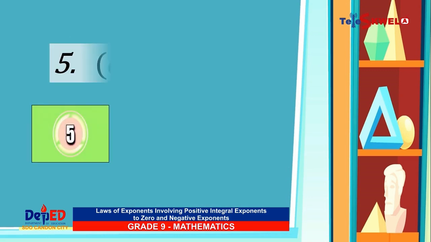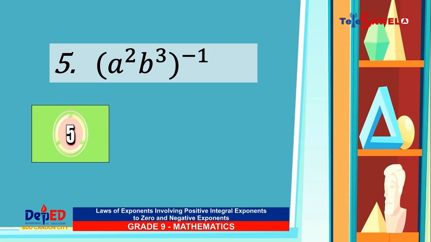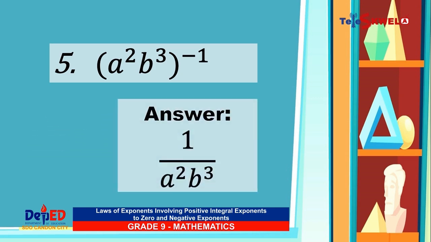Number 5, the quantity a raised to the 2nd power b raised to the 3rd power, raised to negative 1. The answer is 1 all over a raised to the 2nd power b raised to the 3rd power. Perfect.